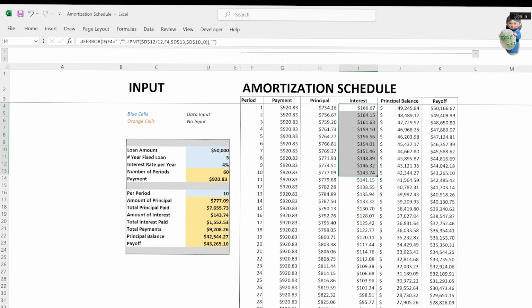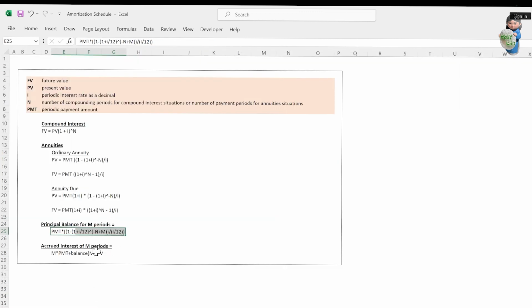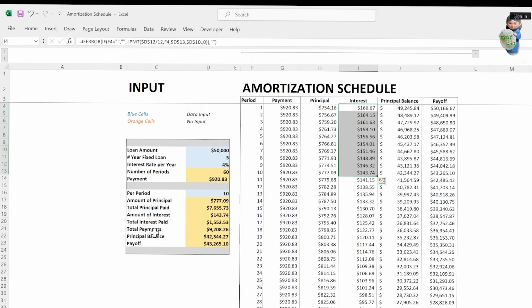Alternatively, you could again use this formula for accrued interest. Then total payment is pretty easy. Just check the payment times how many of those.